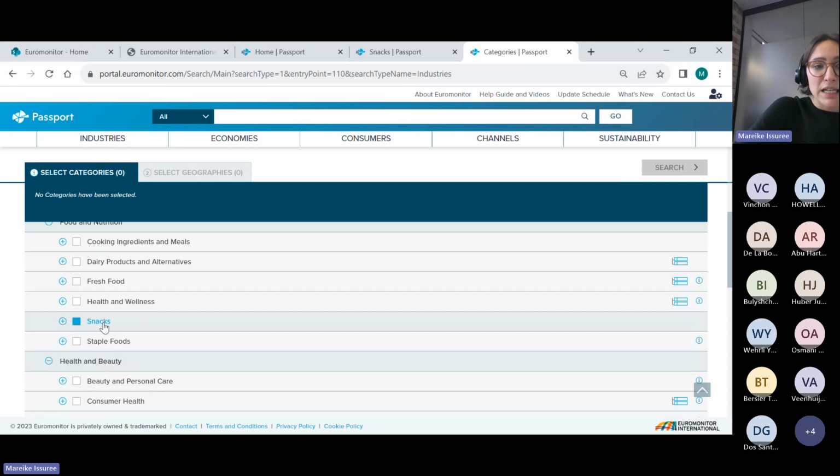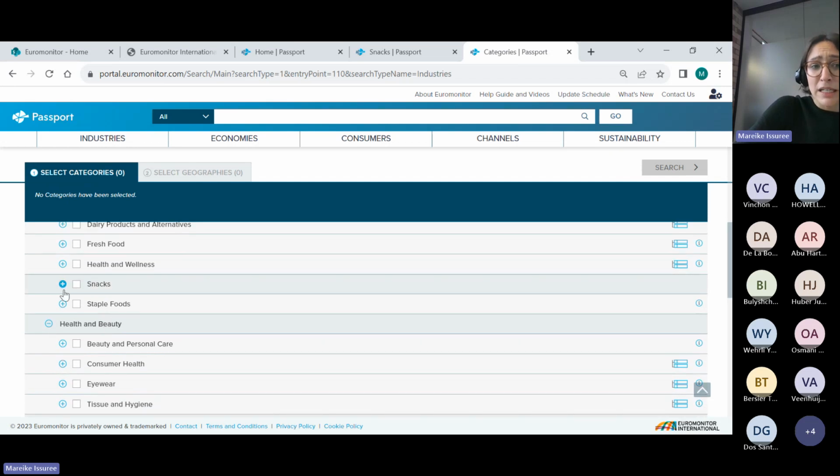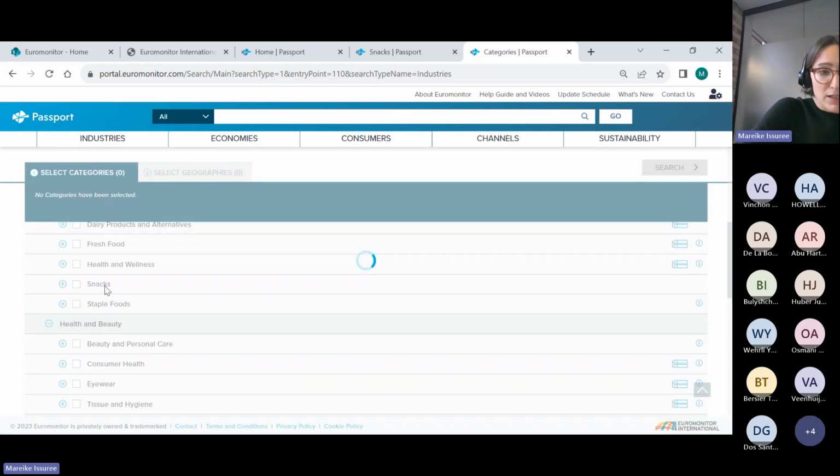But we also want to understand not just the chocolate confectionery industry, but we also want to analyze the macro environment and consumer information, because all of this might impact a decision of a business to enter a market. They need to understand both the industry as well as the macro environment.